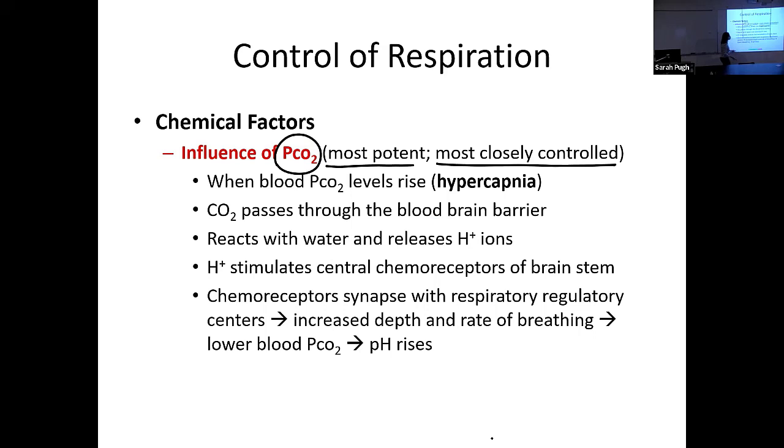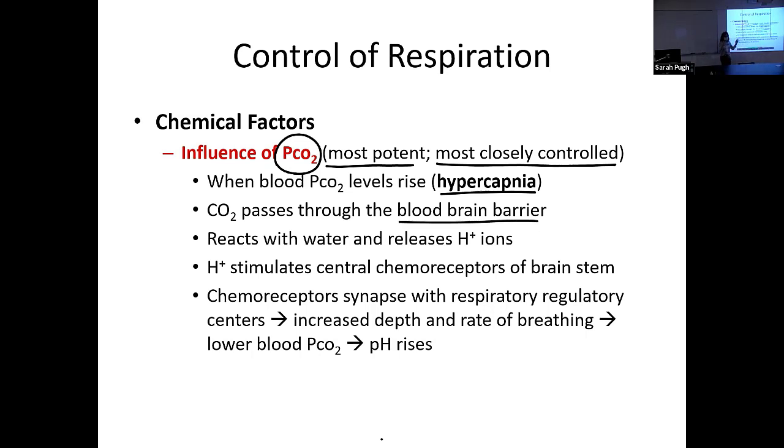When CO2 levels start to go up, that's called hypercapnia. Remember, when CO2 is dissolved in a liquid, it forms carbonic acid. That's going to pass through the blood-brain barrier.